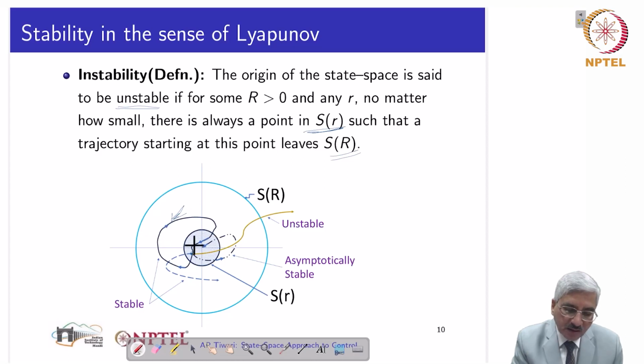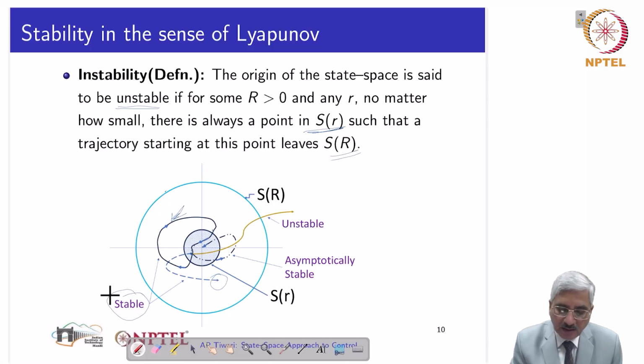However, it comes back in S(r). So it is not going outside S(R). Here it did not come in S(r), here it has come back in S(r). Both these cases are stable situations.